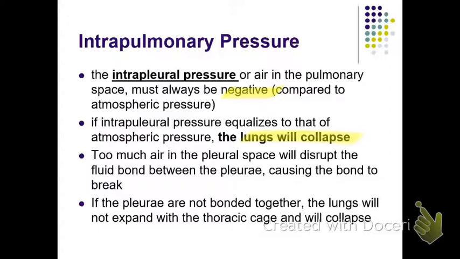However, there's this fine balance where if we have too much air in this pleural space, it'll disrupt the fluid within the pleurae and the bonds will break. And then again, if the bonds are broken, the lungs may not expand with the thoracic cage, leading to a collapsed lung.